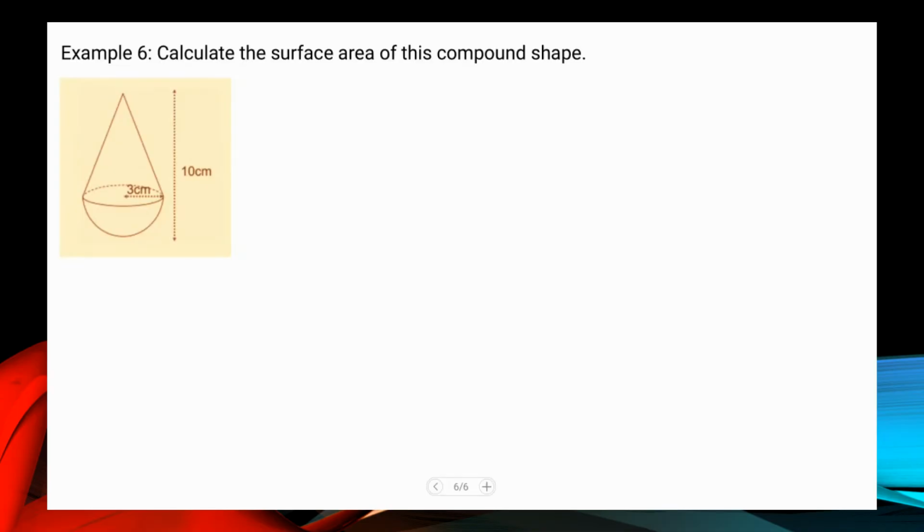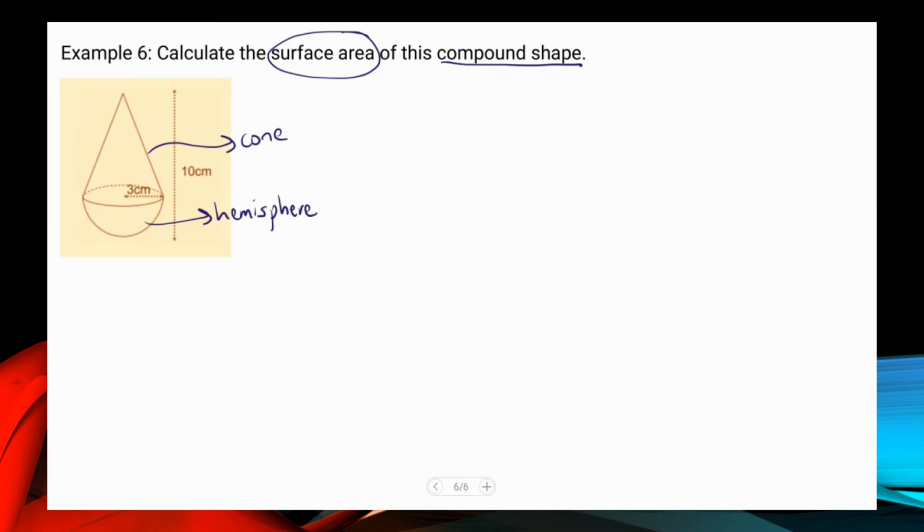In example 6, we have a compound shape, and we are going to find its surface area. And let's see which shapes come together to form this compound shape. We have a cone, and we have a hemisphere. This is half of a sphere. We call it a hemisphere.